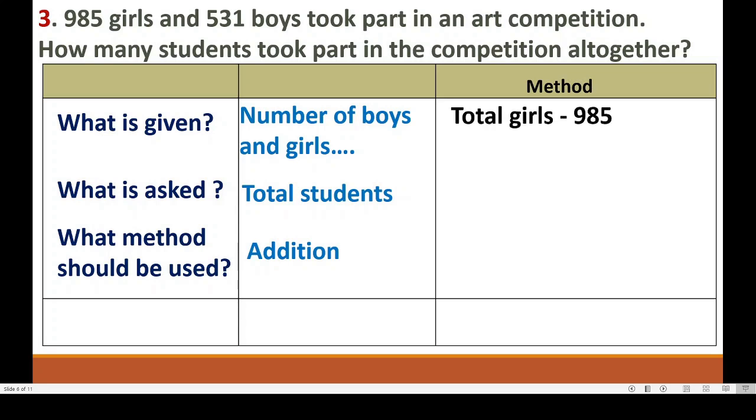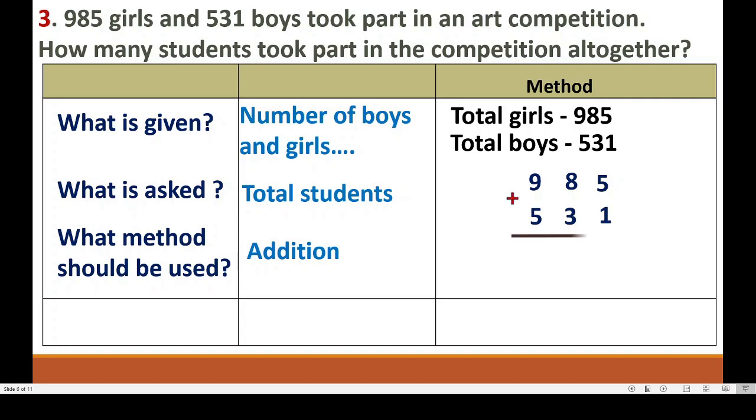Here we will write total girls 985. Correct? Total boys 531. It is given in the problem. Correct? Next, we will add these two numbers. 985 plus 531.